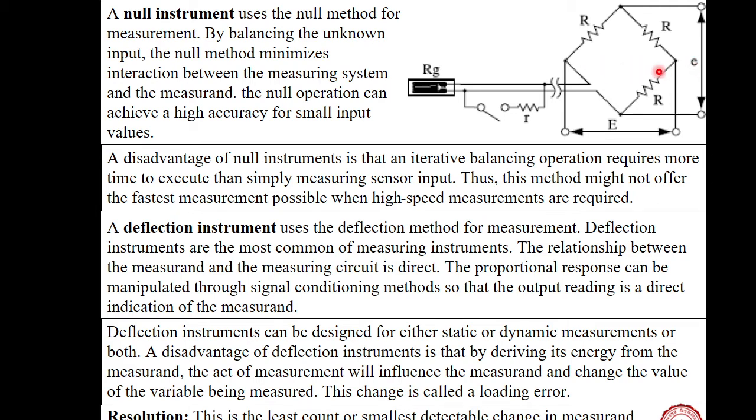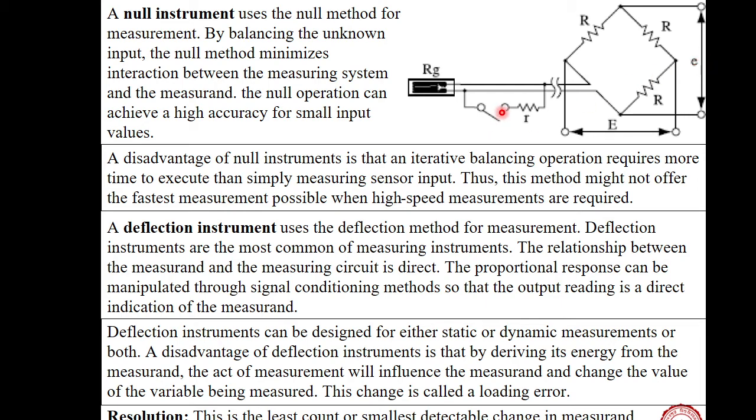So initially it was 0 balanced, then after experimentation there is some deflection in this meter. Now we are controlling this variable resistance, and we'll set this variable resistance when again this output voltage comes back to 0. Clear?